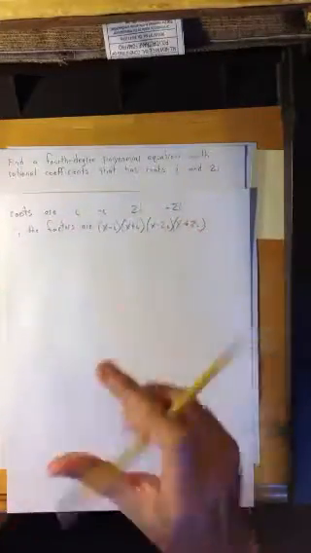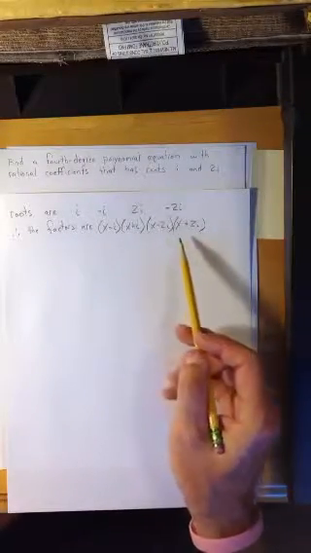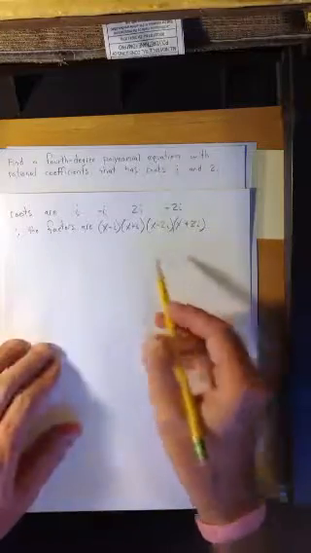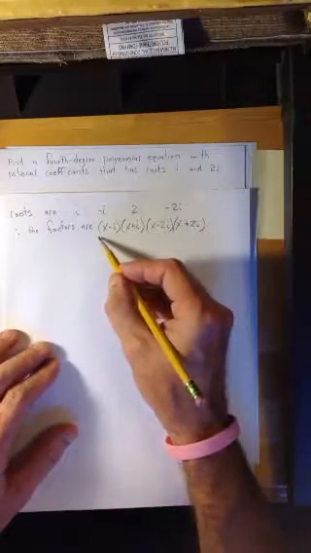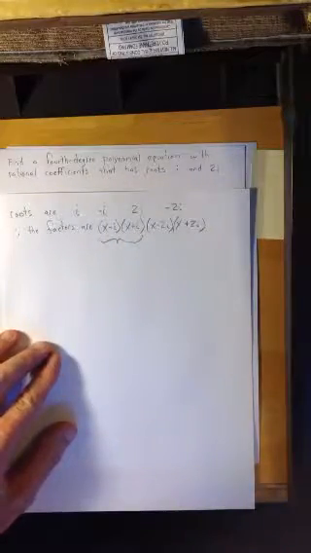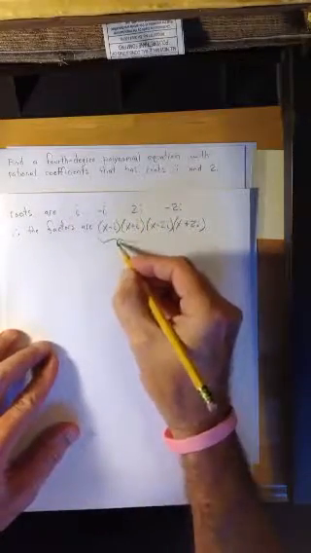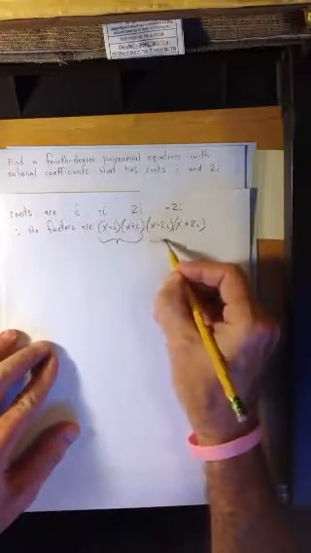Okay? So, several ways we could do this. We could FOIL, but if we notice real carefully, both of these are set up, and this is the neat thing that happens when you just have i or a coefficient in front of the i: you develop a pattern here and here.